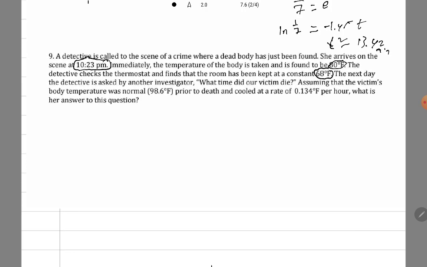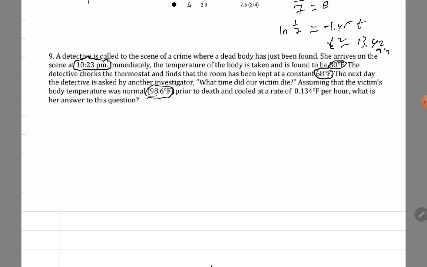Usually it deals with that, but I guess this formula works for both. The next day, the detective is asked by another investigator what time did our victim die, assuming that the body temperature was normal, 98.6 prior to death, and cooled at a rate of 0.134 degrees Fahrenheit per hour. What is her answer to this question?